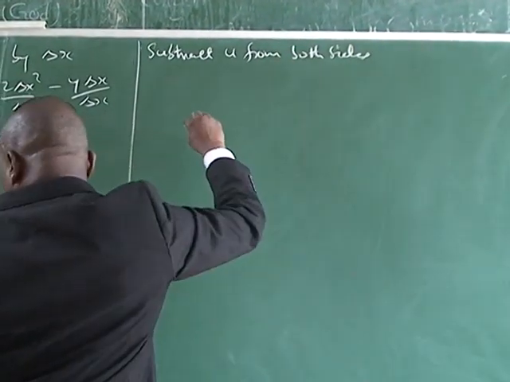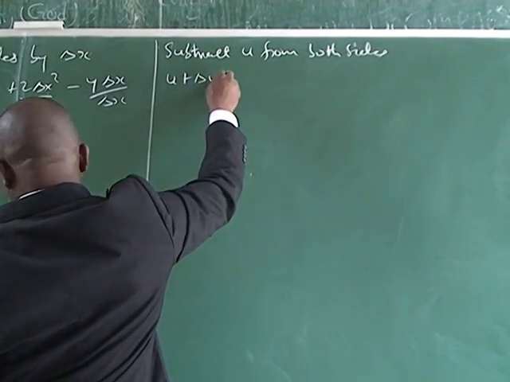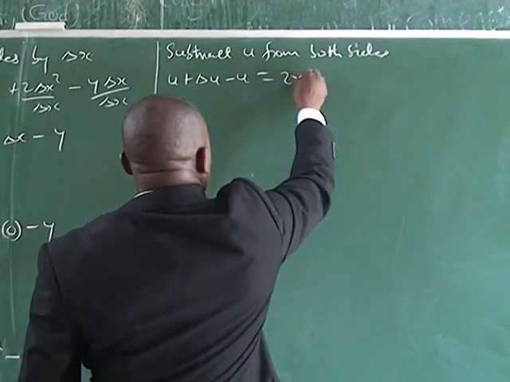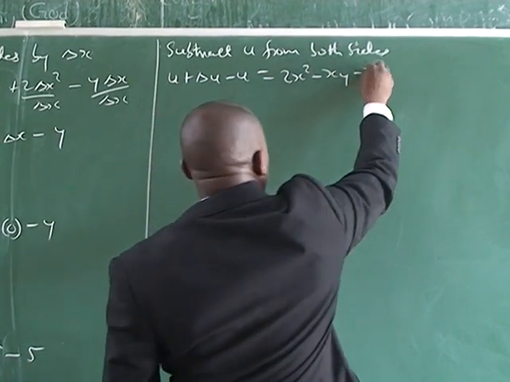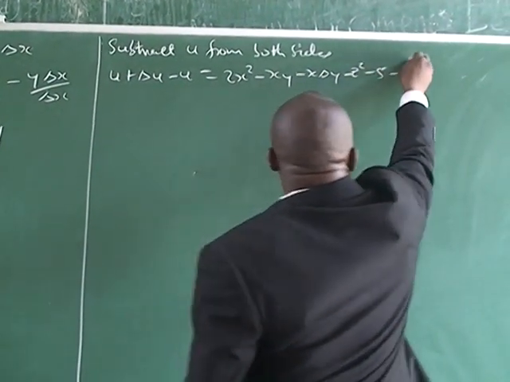If you do that, we'll have u plus change in u minus u equal to x squared minus xy minus x change in y minus z squared minus 5 minus u.